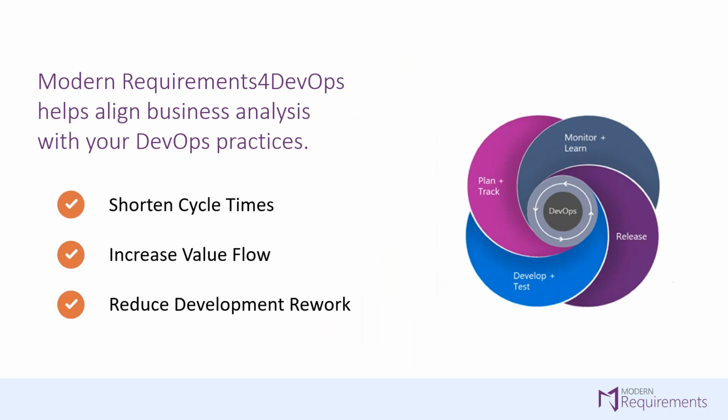So the three key value propositions that most of us are trying to pursue are, first, we want to shorten cycle time. This is not just doing sprints faster, but the overall product completion; we want it to be faster, so we want to be more efficient. Second, we want to increase value flow.